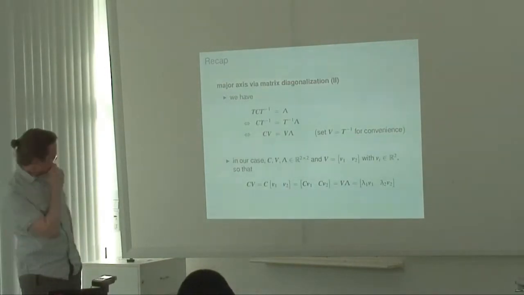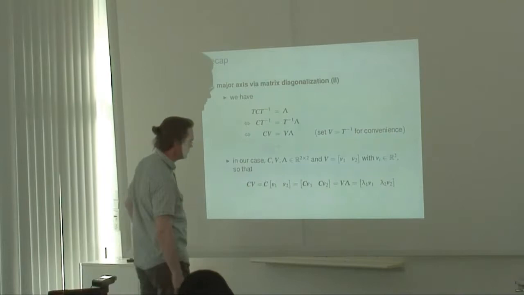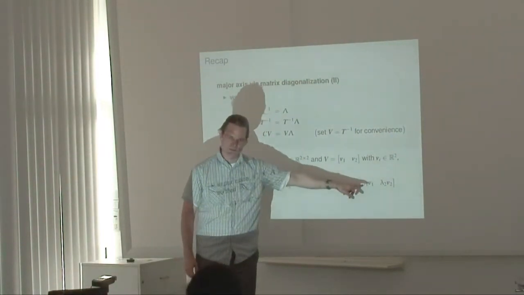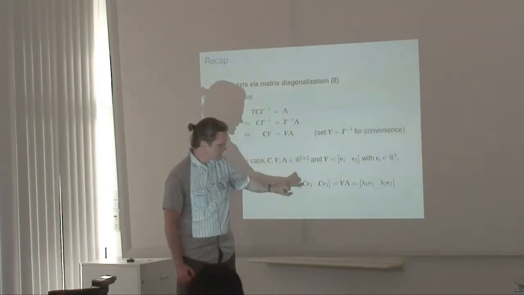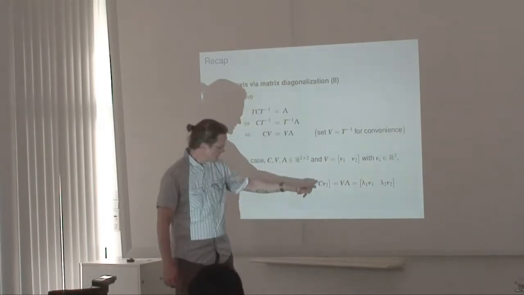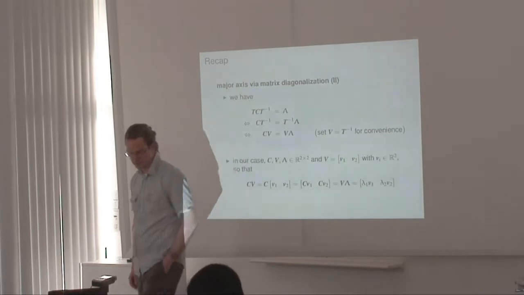Now, if we look at that, in order for this equality to hold between this matrix and this matrix, we see that the first column in this matrix has to be equal to the first column in this matrix, and the second column has to equal the second column in that matrix.